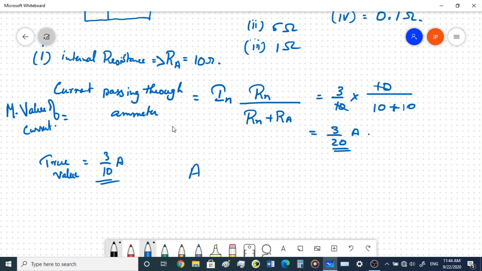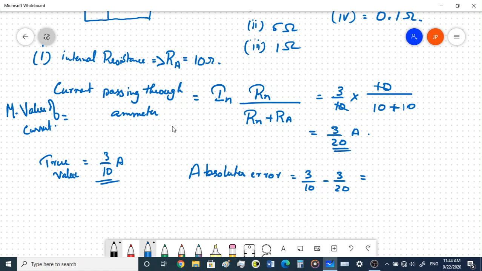Now the absolute error would be equal to 3 by 10 minus 3 by 20, which would be 6 minus 3 by 20.